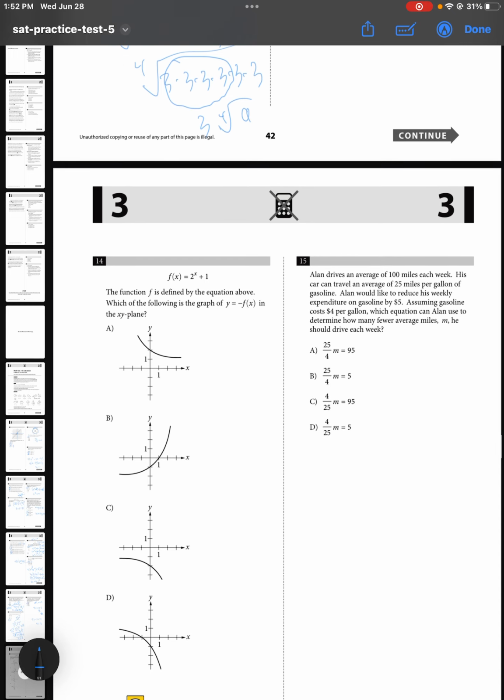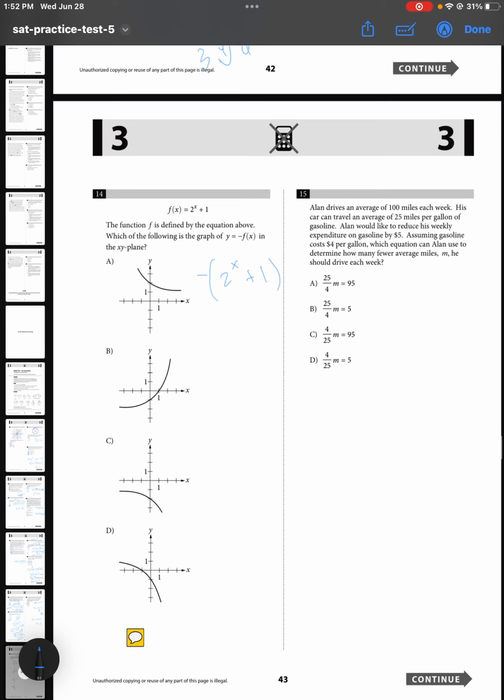The function of negative 2 to the x plus 1. So plugging in 0 for x to this one, we would get negative 2. So this is f of x.